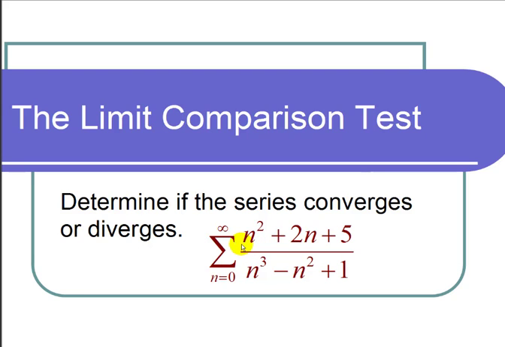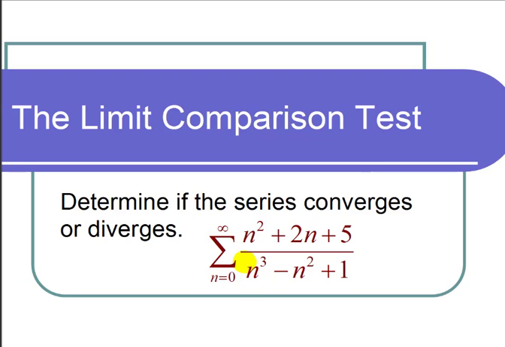So in particular, n squared is the highest power term on the top and n cubed is the highest power term on the bottom. And n squared over n cubed is the same as 1 over n. So I'm going to compare with the harmonic series, the summation of 1 over n, which we know diverges by the harmonic series test or the p-series test.